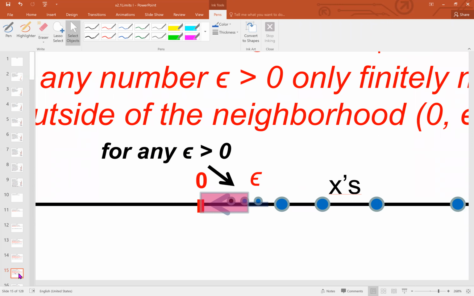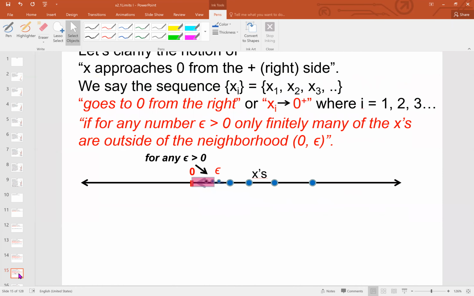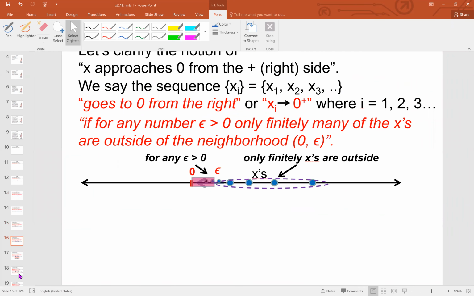We say a sequence goes to zero from the right-hand side if, regardless of how small this neighborhood is, only finitely many of the numbers in the sequence can be outside of this little stretch.